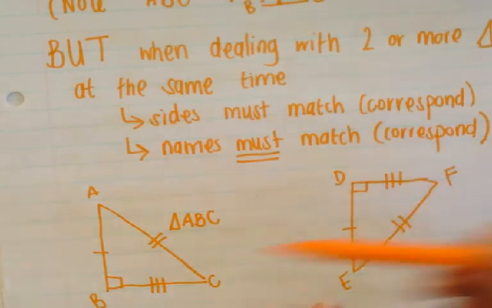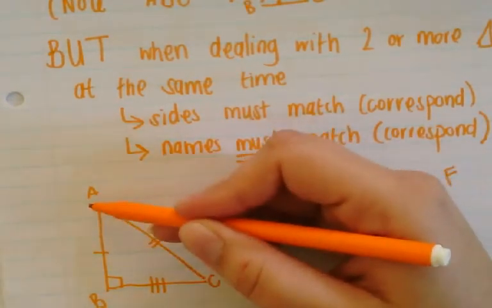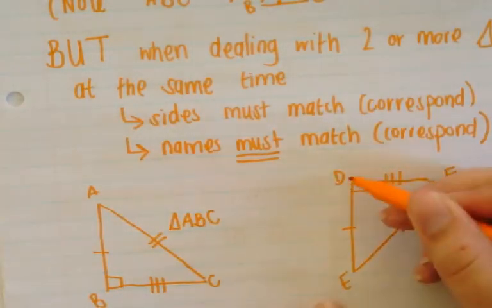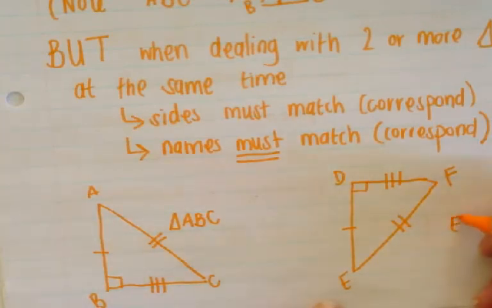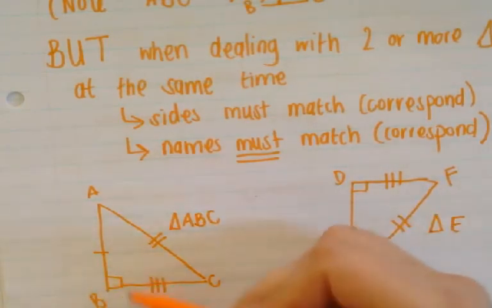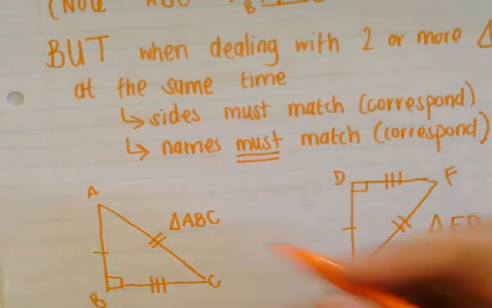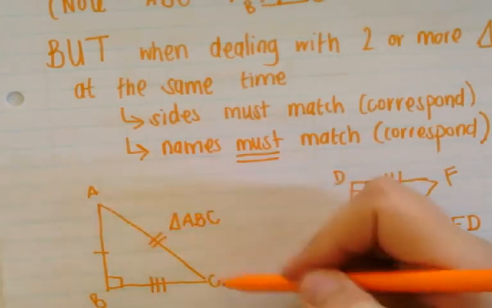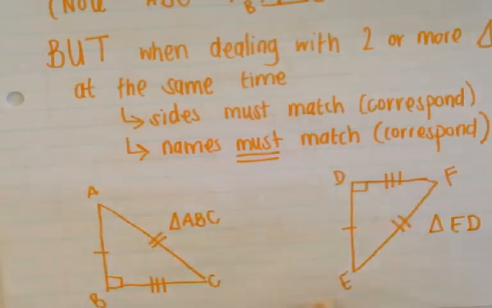Then I know that they're on that same line, but A does not have the right angle, therefore it cannot be D. It must be E. There's my first letter of my second triangle. Now B is my second one. Which matches B in the second triangle? D. And just to check, AC is my long diagonal, my hypotenuse.